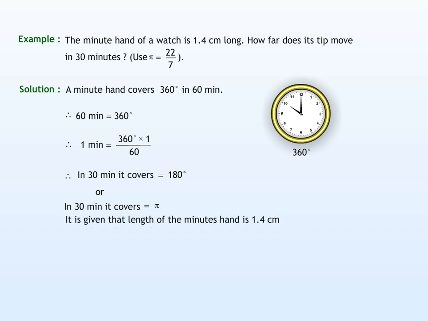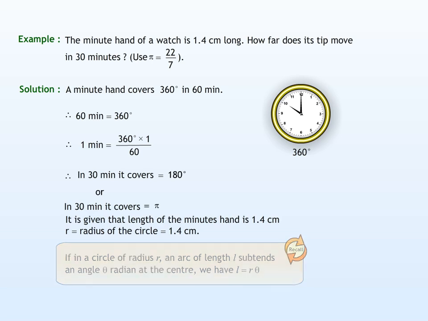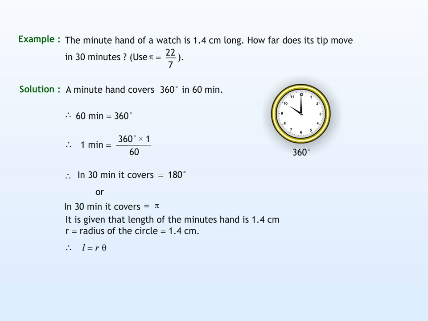Now radius is equal to 1.4 centimeters. Now the length of the minute hand as given in the question is 1.4 centimeters. Now let's recall our basic concept. If in a circle of radius r, an arc of length L subtends an angle theta radian at the center, we have L is equal to r theta.